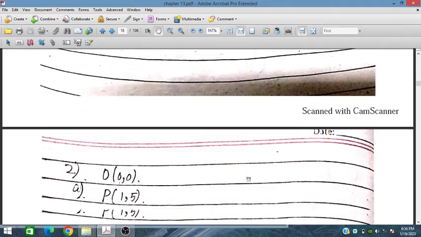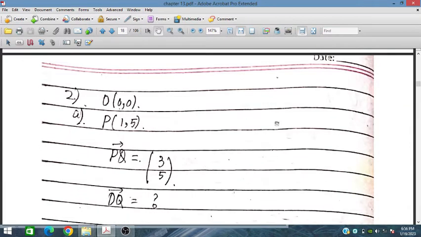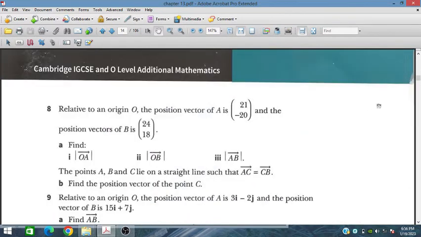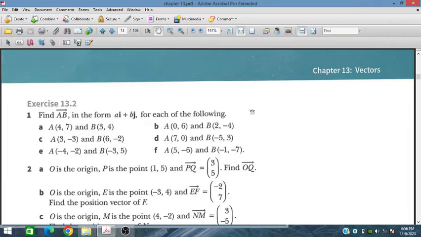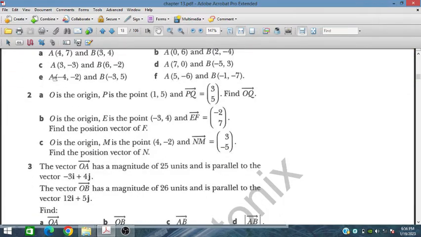Similarly, let's solve question number 2. O is the origin and P is the point. PQ is 3, 5. Find OQ. So we have O as the origin and P as the point, and PQ is given, and we have to find OQ. This is the same as part 1.